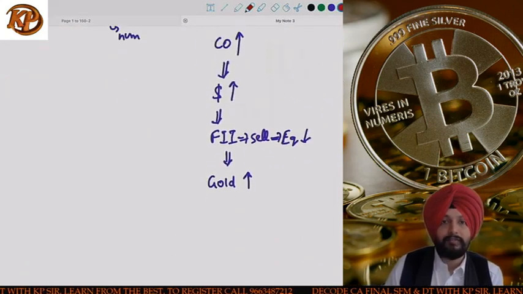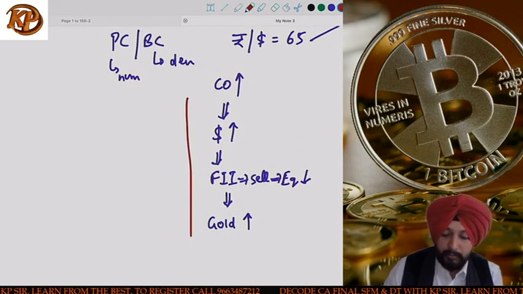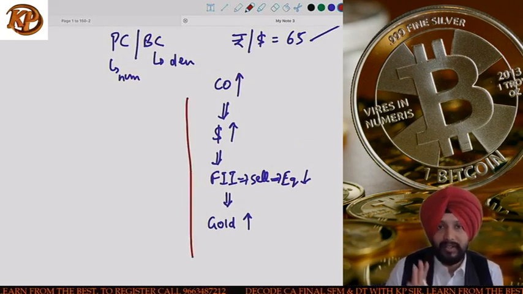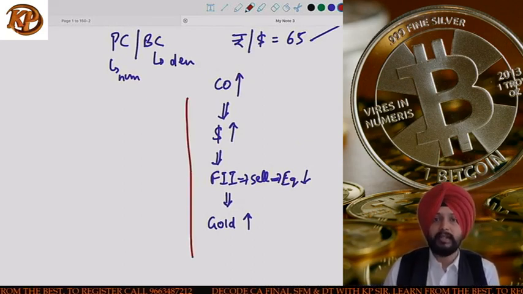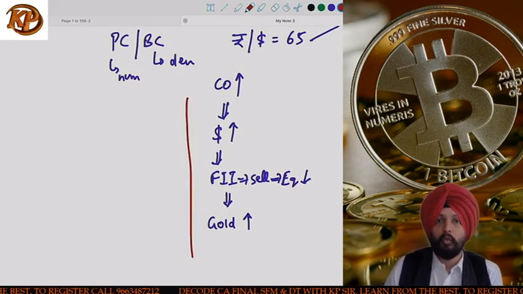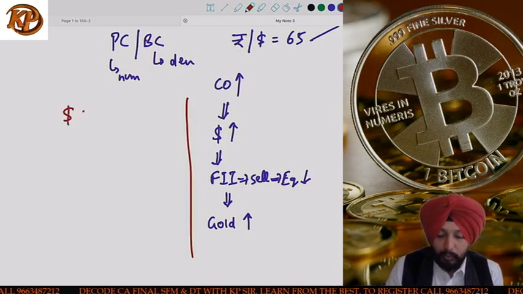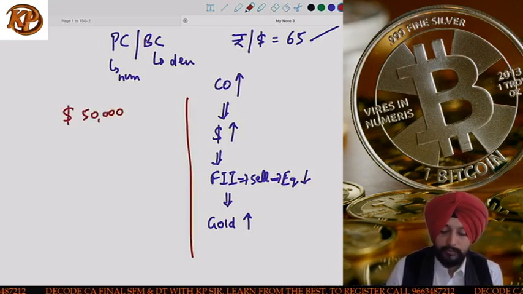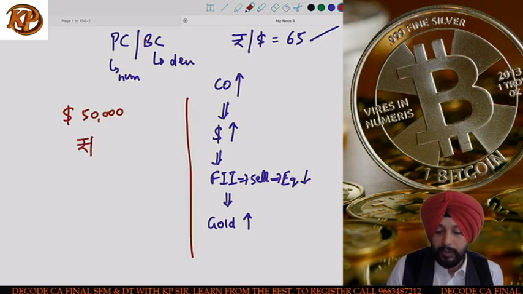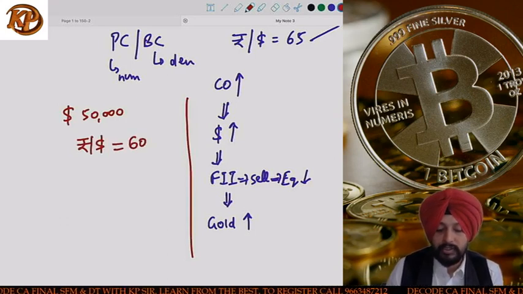Now when I start with my next part, first let me explain what difficulty is there. What is the difficulty? Suppose you have $50,000, and rupee per dollar is 60.